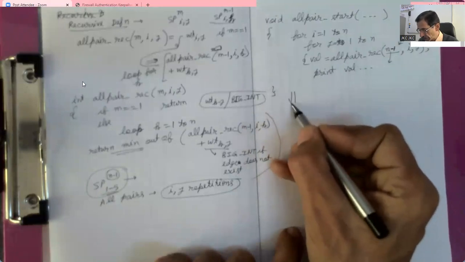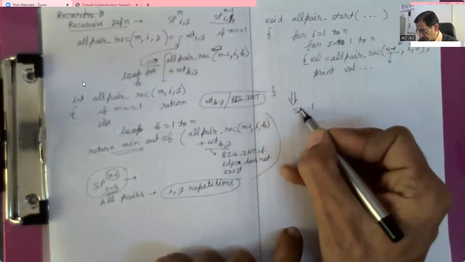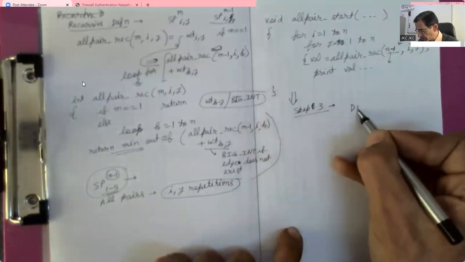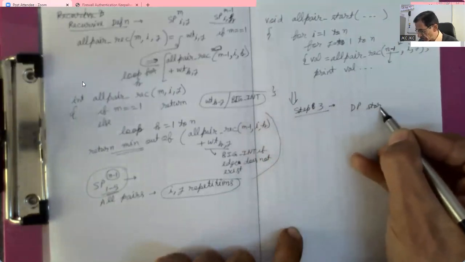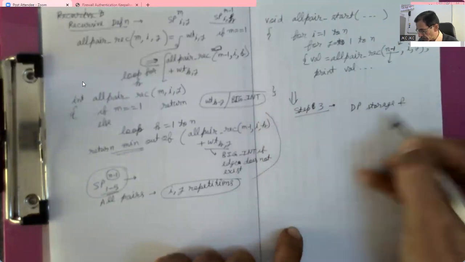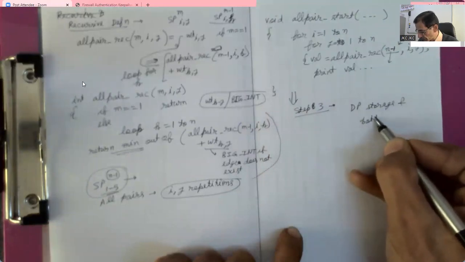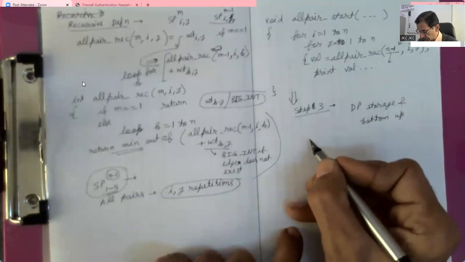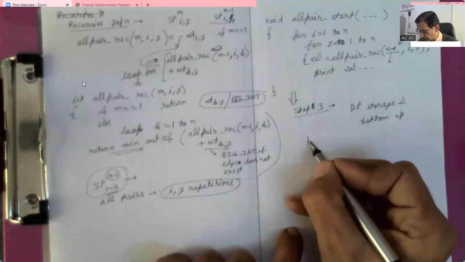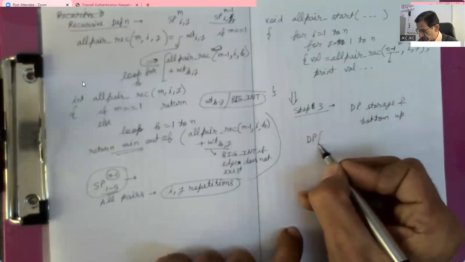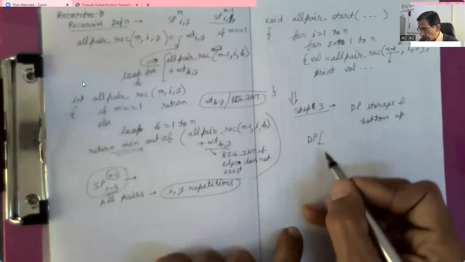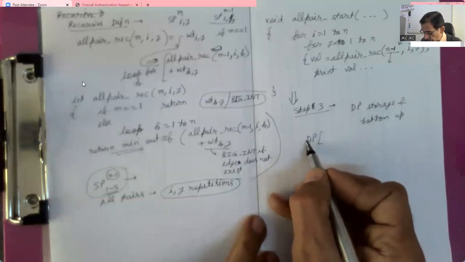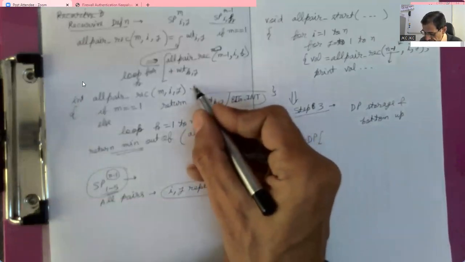Then going further, step 3, I have to effectively go towards the DP storage, DP solution and bottom-up solution. So how to get a DP storage? What array? 2D array, 3D array, 1D array, what? Obviously, how to find that is directly dependent on my call being made.